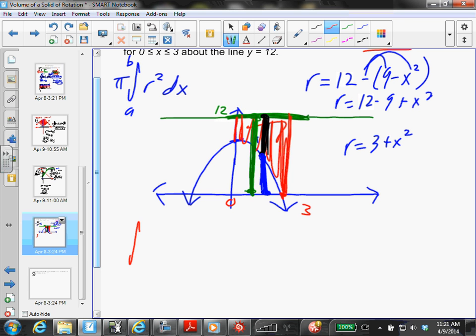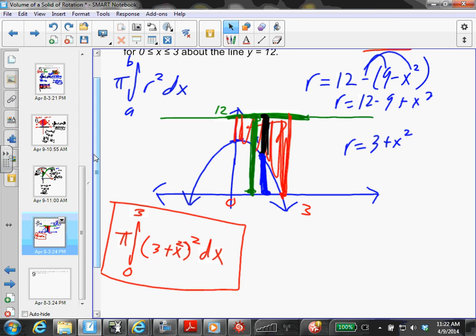And we were told in this problem to go from 0 to 3 of my radius, which is 3 plus x squared, all squared. There's my radius squared, dx, and then don't forget to multiply by the pi. So there's the setup for that one, which is the difficult part. And from there you can solve it using a calculator.